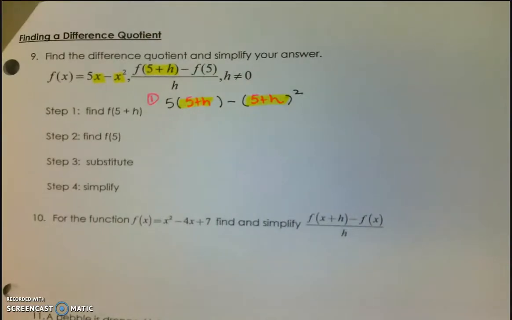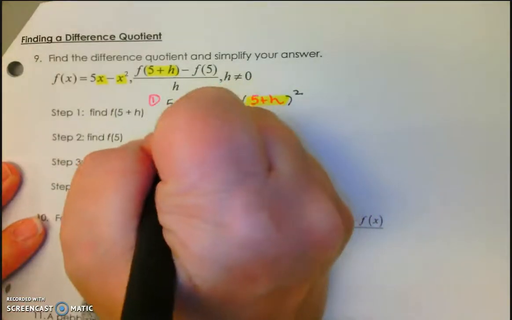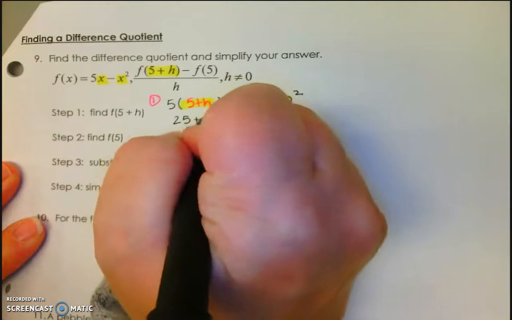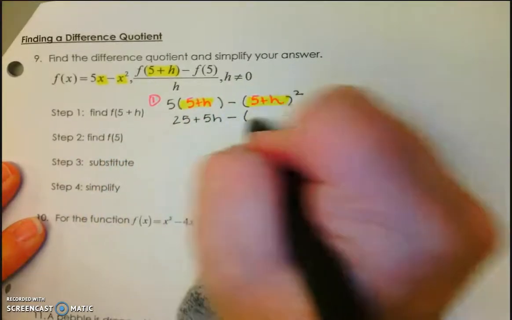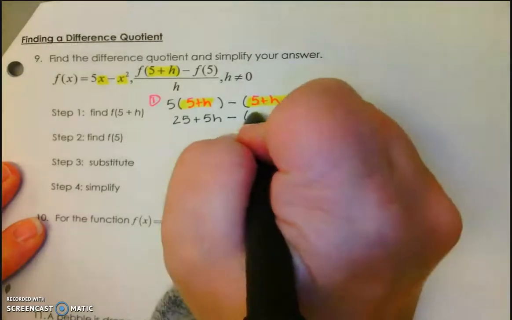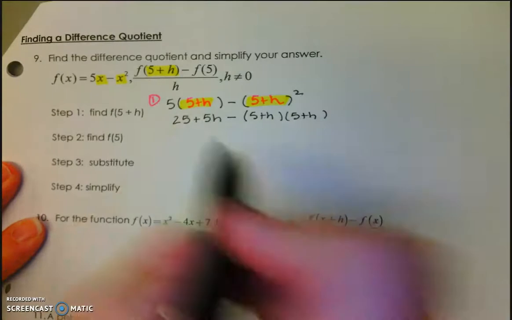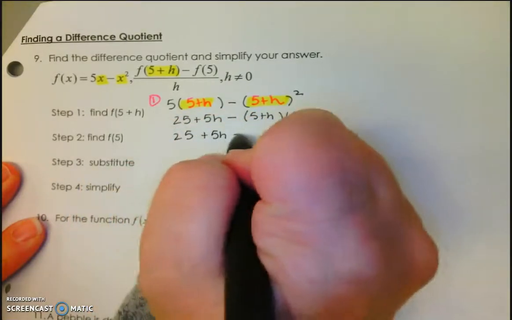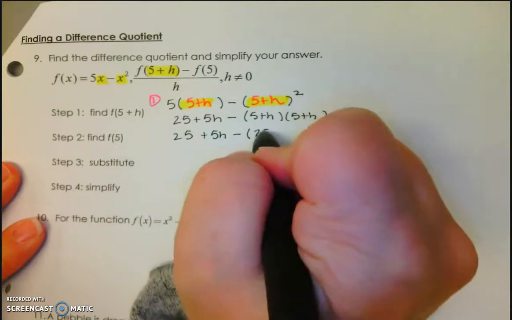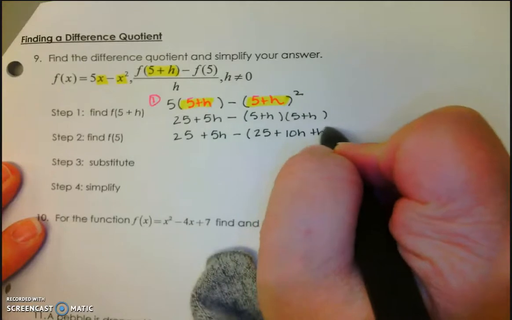Then, let's simplify that. Distribute the 5, so 25 plus 5h minus, then if you need to, write this twice, or you can use the pattern. So 25 plus 5h minus (25 plus 10h plus h squared).